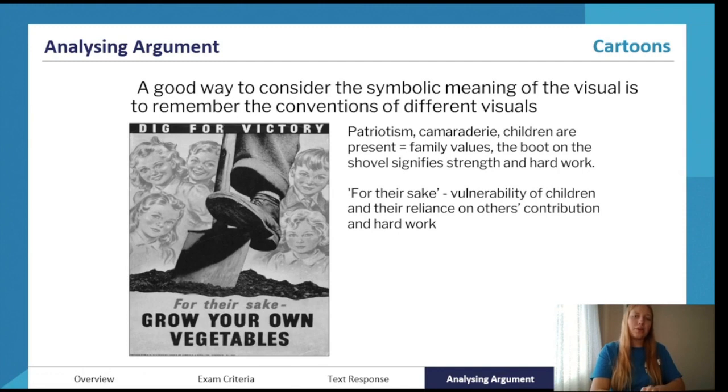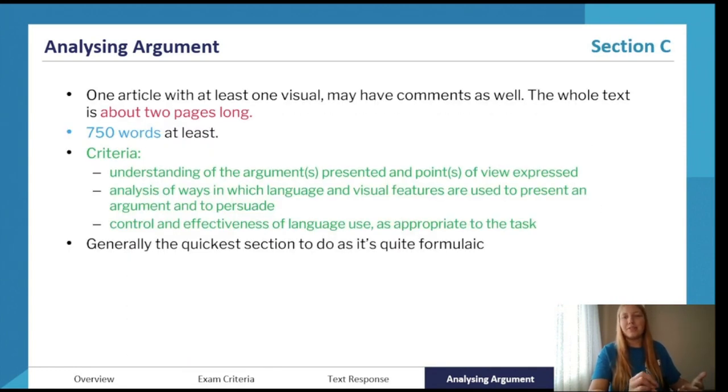We can talk about that strength and hard work, or we can interpret it through a different lens, in terms of we could say that the shovel is the agriculture industry, and it's pushing all those families behind and disregarding them, and it's over harvesting and overplanting the land and ruining how fertile it is and impairing our ability to take care of our children and our families. You can see which one is more complex, but obviously it's more about the choice of what you make, what is more appropriate, because it can be interpreted in different ways if you would like. So all of these things we can include as part of our discussion of the visual.